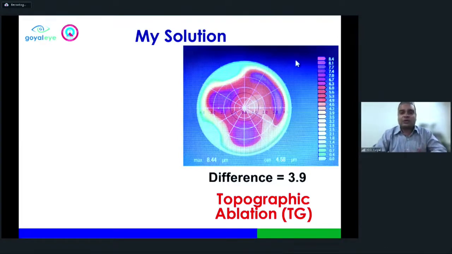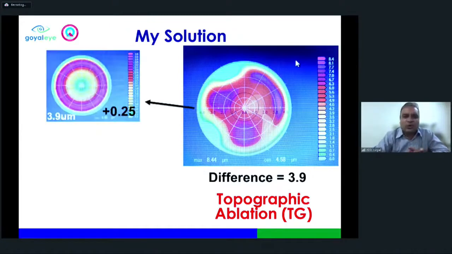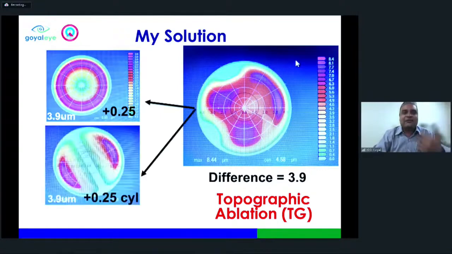If I was to extrapolate this and change this ablation pattern to something more regular, it would look kind of like a hyperopic ablation. With a 0.25 diopter of hyperopic ablation, we would be treating around 3.9 microns in the periphery. If I try to extrapolate this a little further, it would look like a 0.25 cylindrical ablation, which is also a hyperopic cylinder ablation.